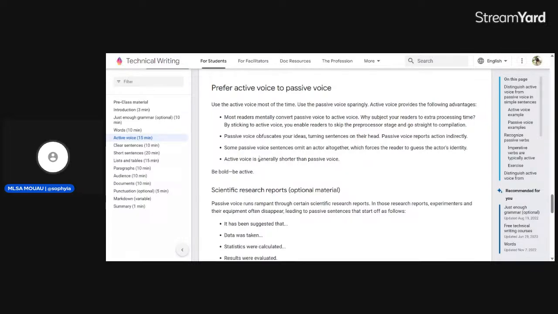And last but not least, an active voice is generally shorter than passive voice. It is always shorter because it goes straight to the point, with the actor first, followed by the verb and the target. While a passive voice is stretched and quite confusing.